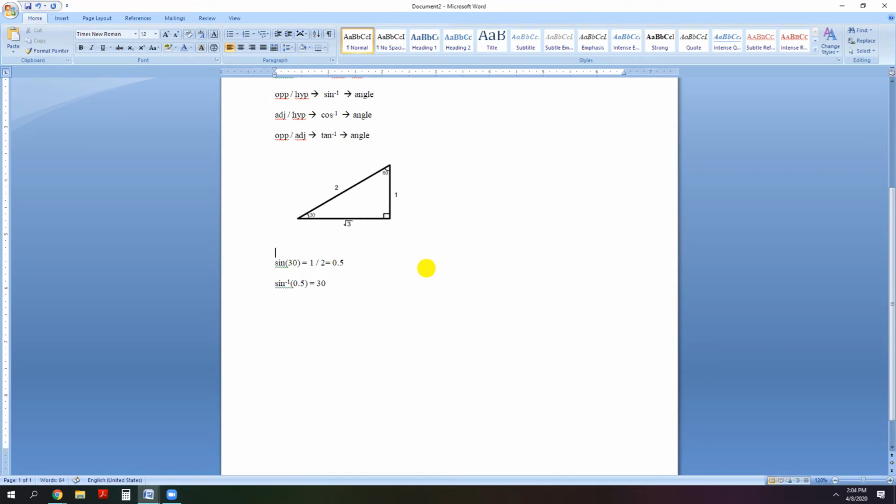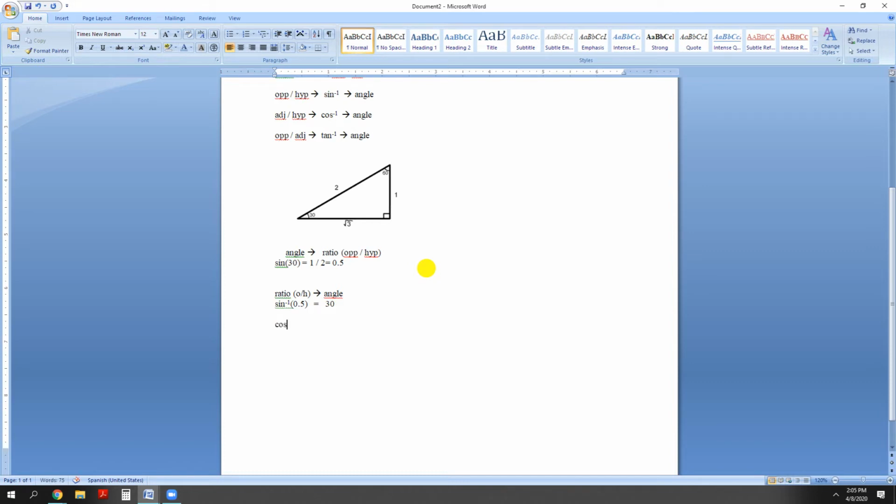Here we went from angle to ratio, specifically the opposite over the hypotenuse. Well, down here we took the ratio, opposite over hypotenuse, and we turn that into the angle.